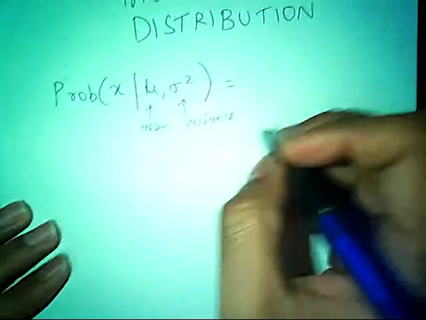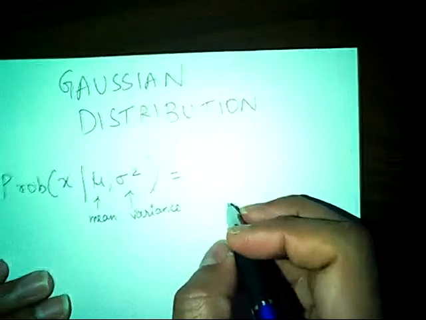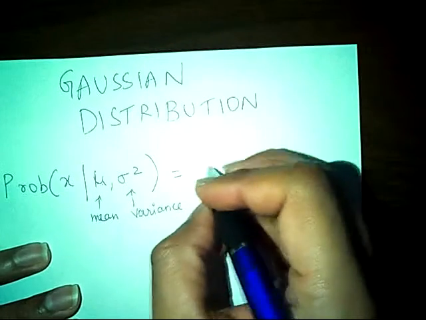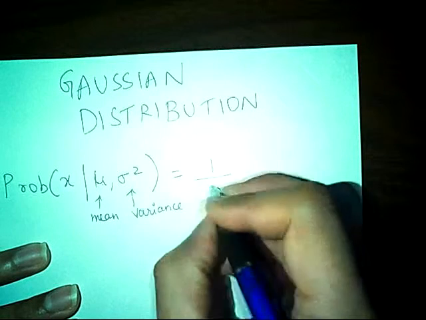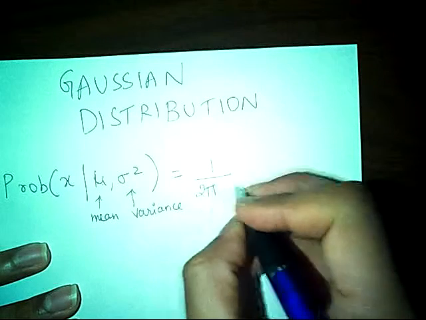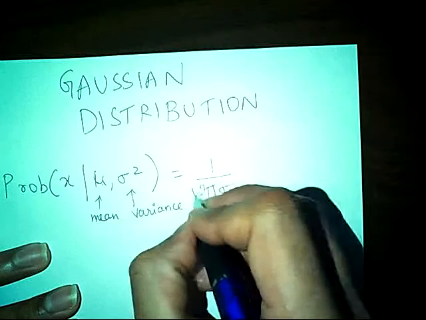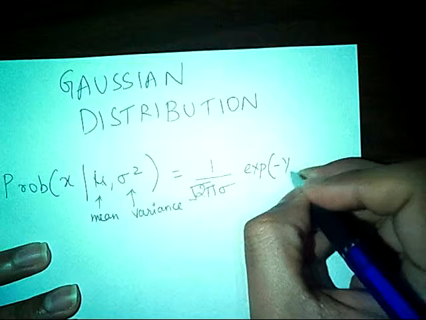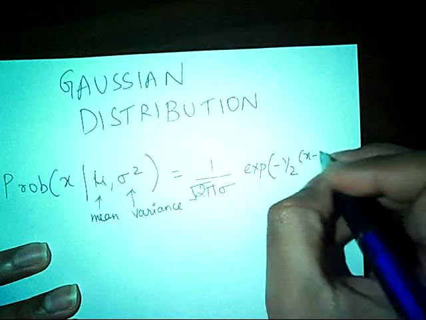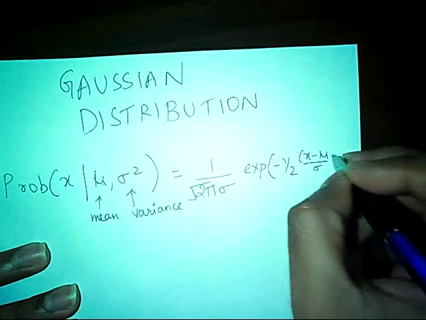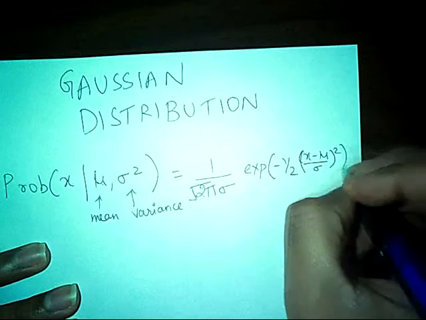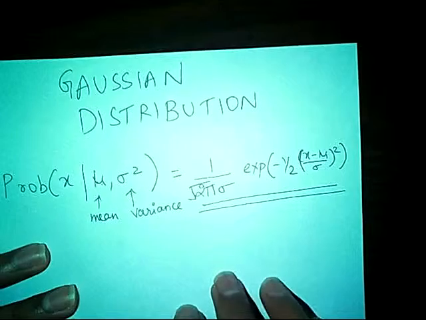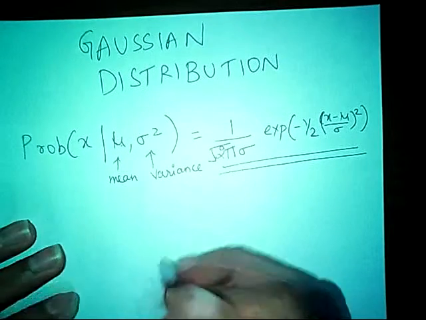And the mathematical expression that relates x with mu is, so this is the parametric form of the Gaussian distribution.